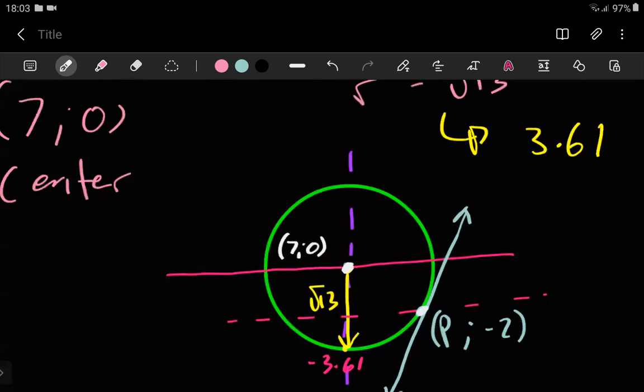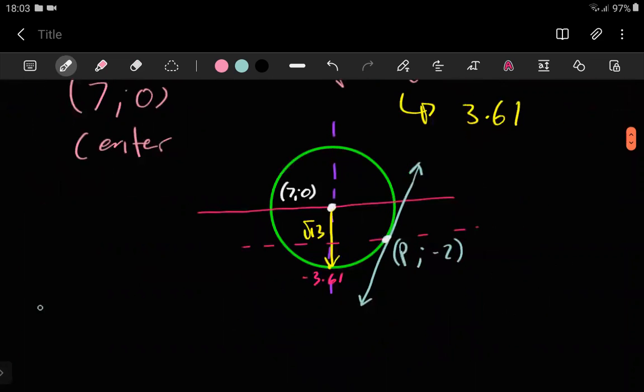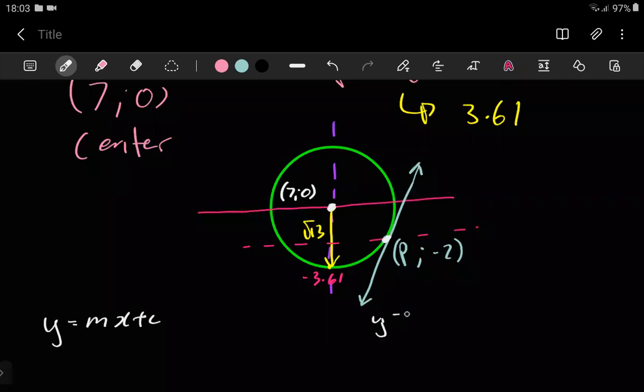Because for you to get the equation of this tangent, remember, an equation of a tangent is just y = mx + c. To get the equation of a straight line, you can start with this format. Now, the big idea is that we at least need a gradient first.